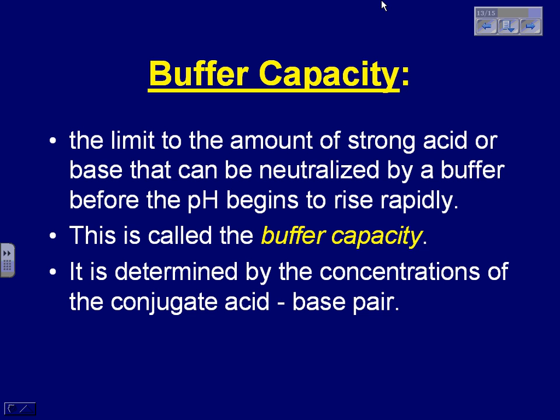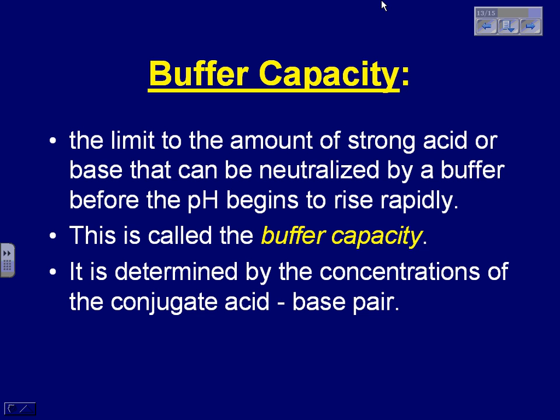As you might hopefully start to realize from those last two problems, my buffer would run out if I added any more than 0.2 mole.